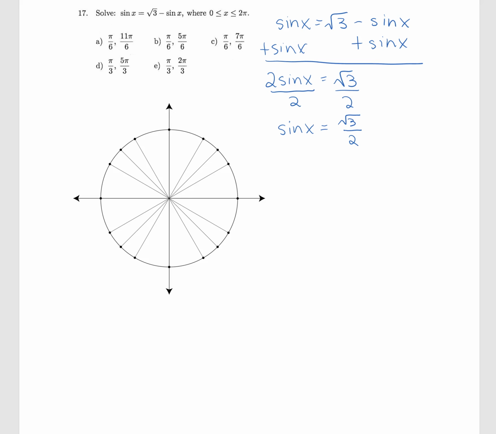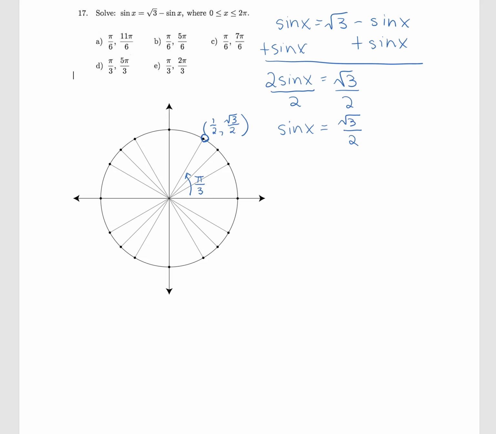So one of the points we want to remember from our unit circle is that there's a point here where cos x is equal to 1/2 and sine x is equal to root 3 over 2. And that point here has an angle x of pi over 3.